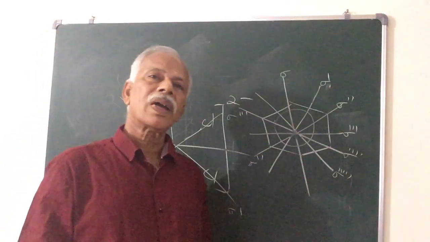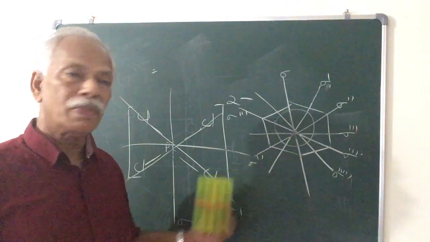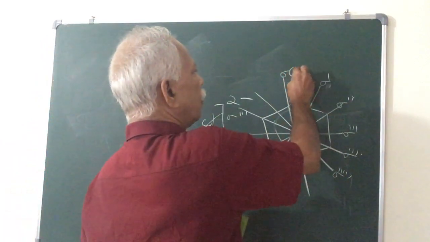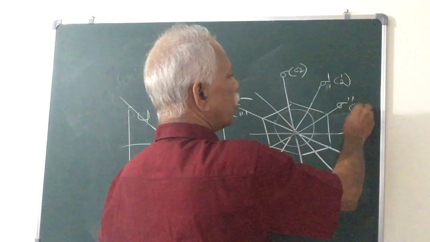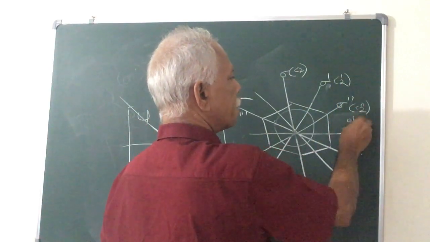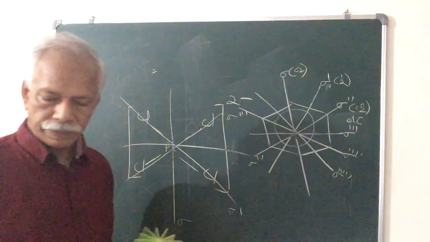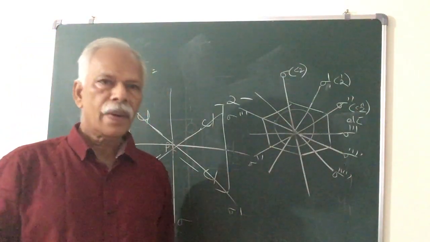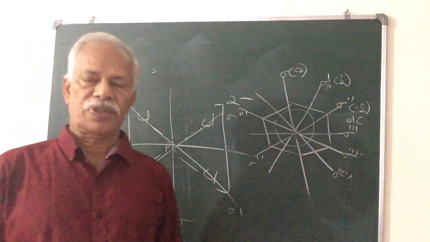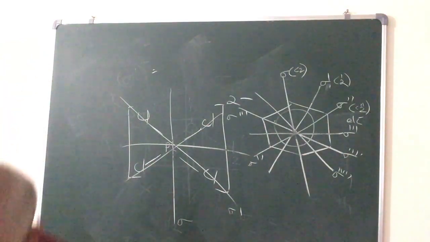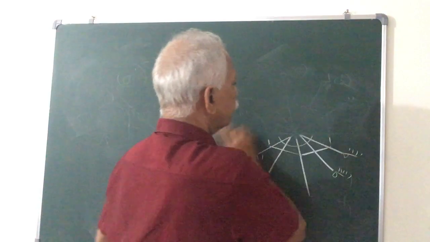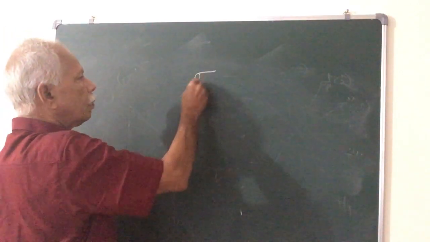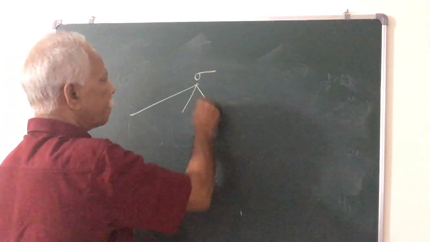When you are talking about other elements of symmetry, the same lines may also be denoted C2, C2 dash, C2 2 dash, etc. Planes of symmetry are of 4 types. Sigma is of 4 types.